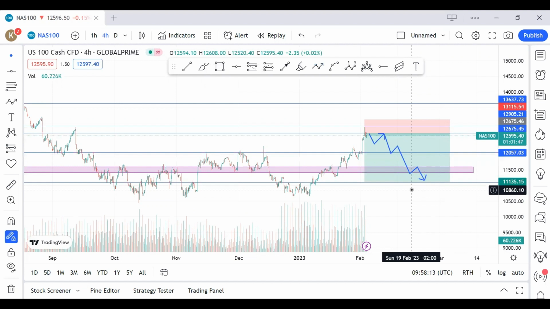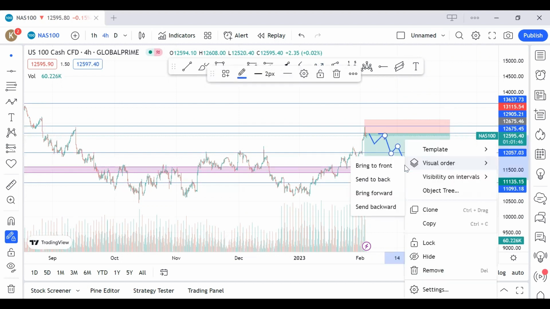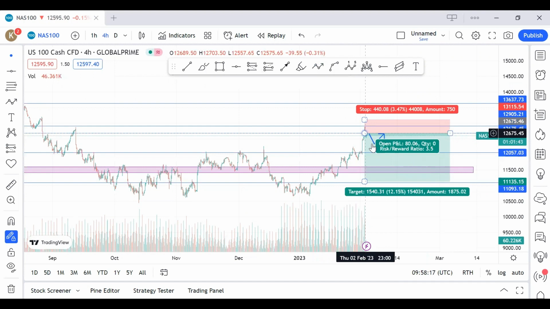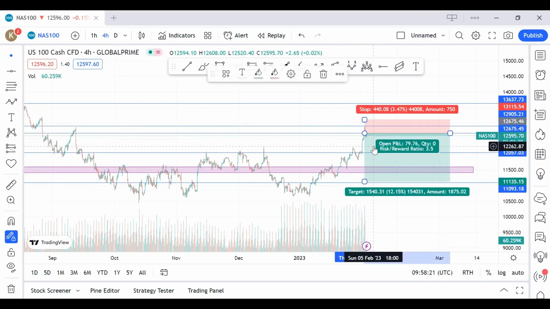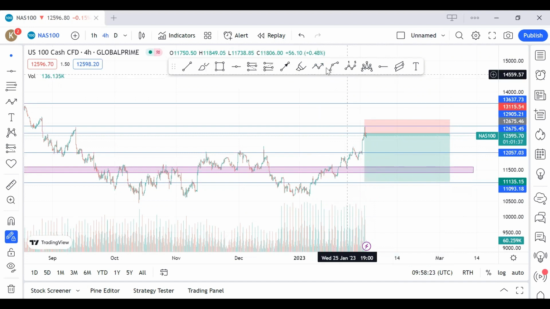This is a possible movement, but the actual movement that the market will be doing is this movement here. Let me show you what the market will be actually doing at this point here.